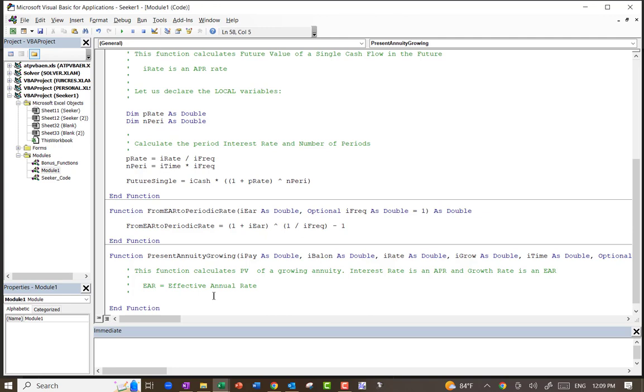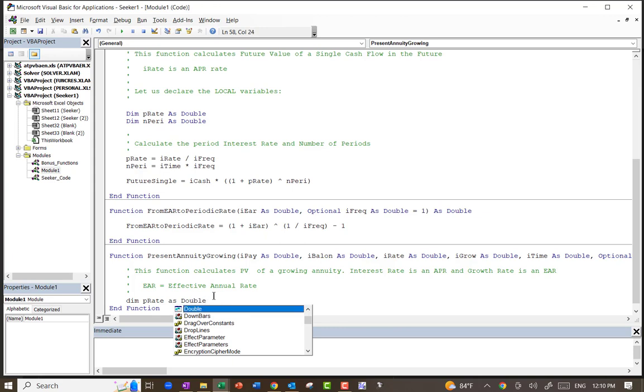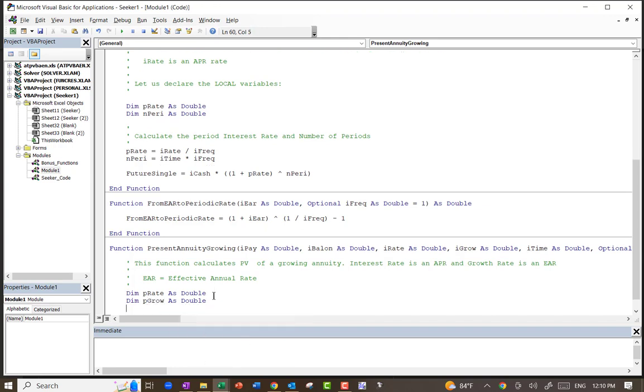Number of periods as double. Going back to this formula, this formula that I have written works at a periodic level. Okay? If we're doing it monthly, it works, however, with number of months and using monthly interest rate or monthly growth. That's why I need to change everything to periodic.